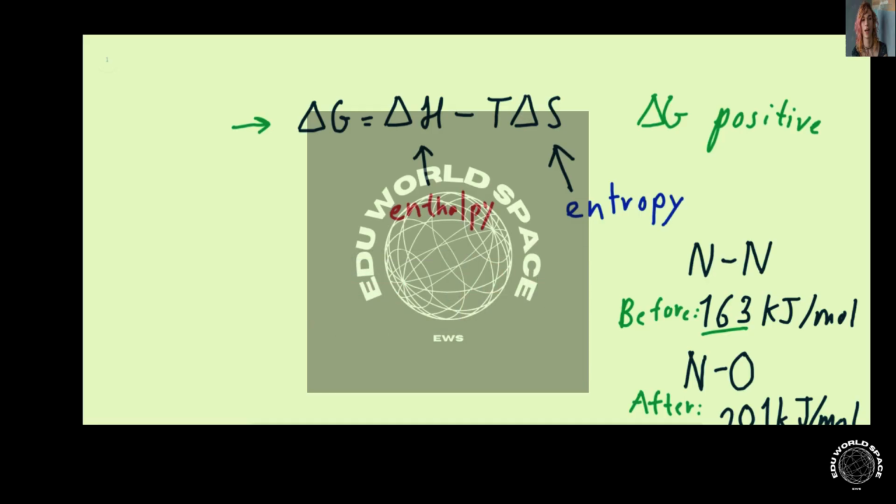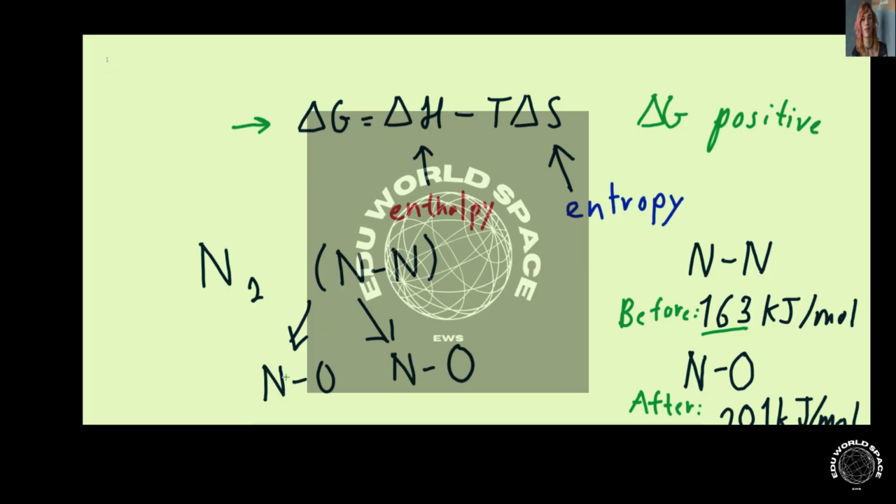And remember that for every one NN bond, we're producing 2 NOs. This is for NO, the nitrogen oxide, but there are many other oxides that one should consider.